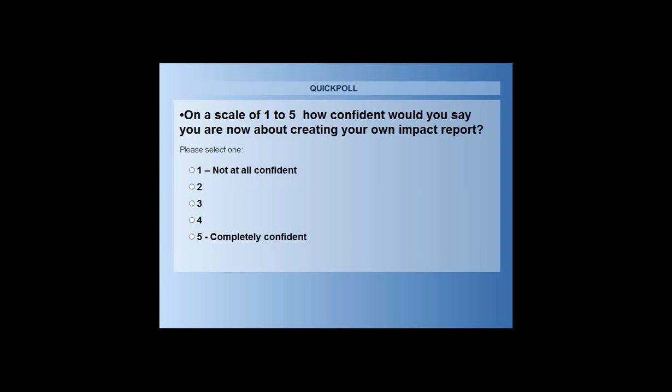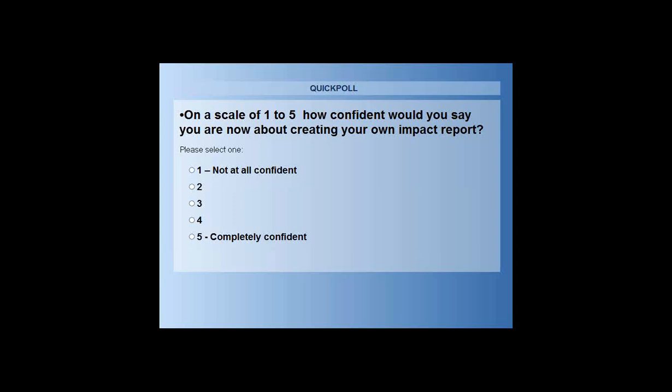So if I have a quick look, we've got something like 90% of you participating who have now responded. And we've thankfully got absolutely no one at not at all confident, thank goodness, because if you'd gone downhill, that would have been terrible. At the number 2 position is also 0%. We've got 26% at 3, so moderately confident.